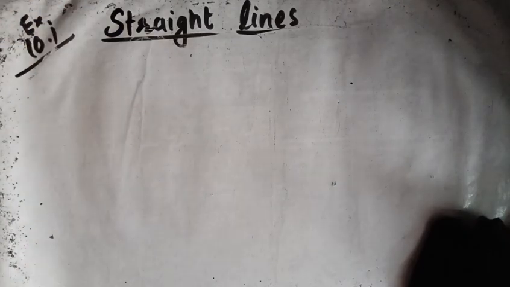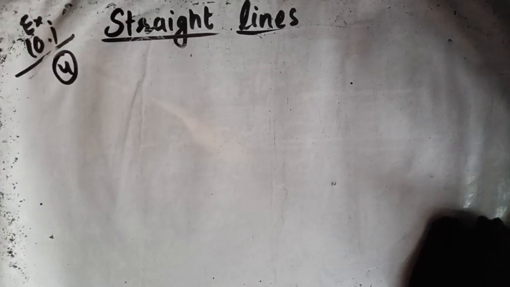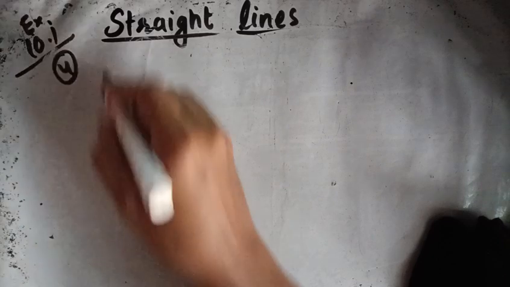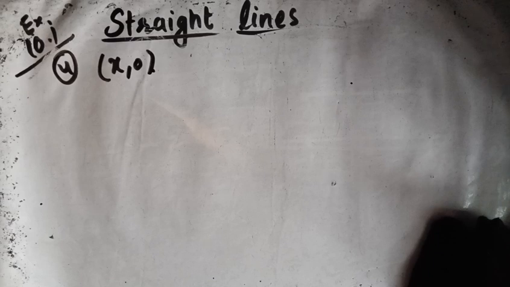Next question, question 4. You have to find a point on the x-axis which is equidistant from the points 7, 6 and 3, 4. So this point is on the x-axis. A point on the x-axis can be written as some x comma 0. Right.